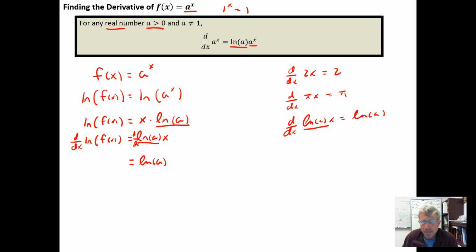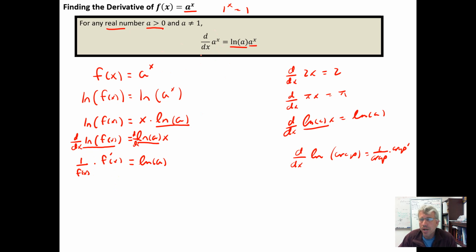And then on the left-hand side, we have the derivative of a natural log, and we know that when we take d dx of the natural log of some function, we get the form 1 over that function times its derivative, and this is from the work that we've already done. So if I take the derivative of the natural log of f of x, I'm going to get 1 over f of x times f prime of x.